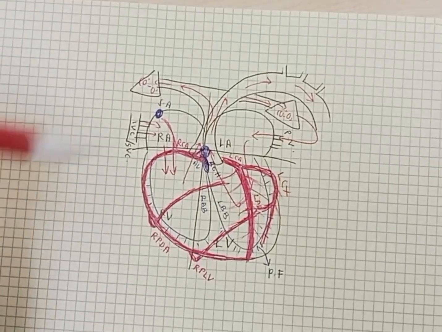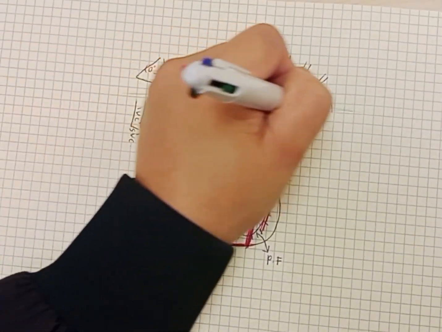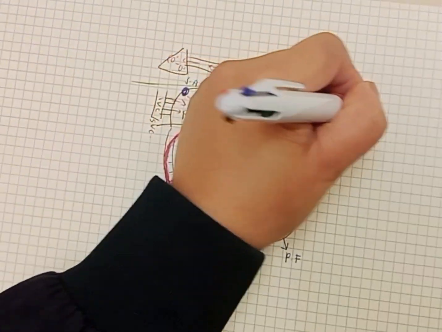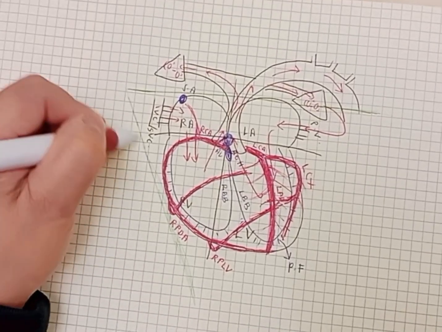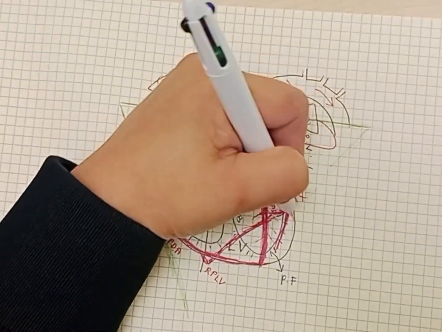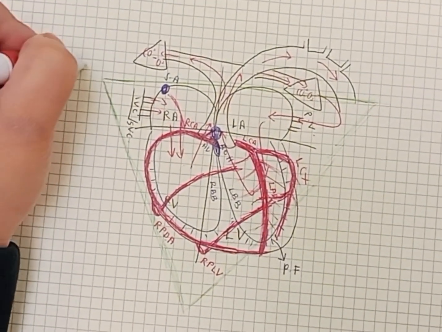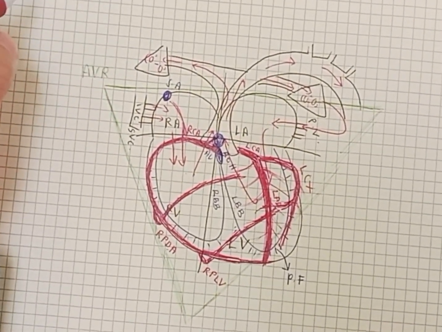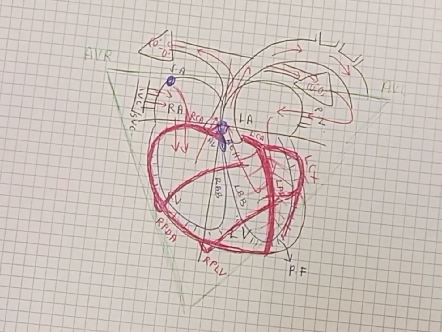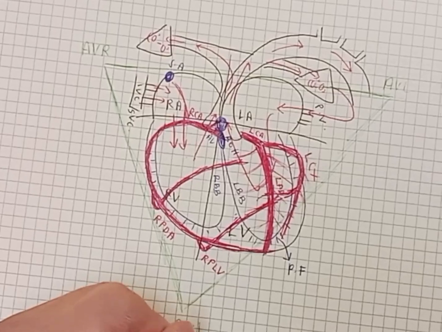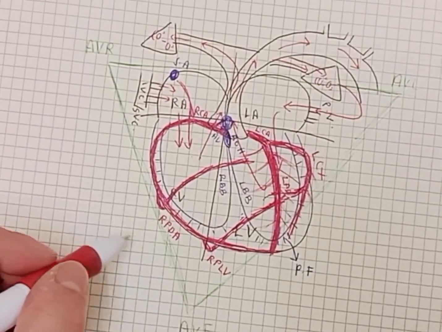So we have the 12-lead ECG, which we plot just like this. We put the aVR at the right side of our upper chest, the aVL at the left side of upper chest, and the aVF at the leg, below the chest level, for the foot.